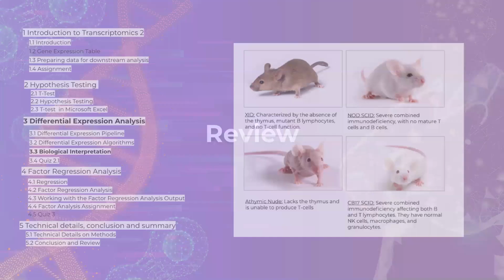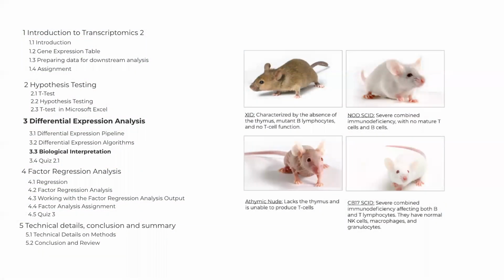So remember that in order to study the biology of cancer and understand it, we focused on our PDX models. We had 4 different cell types: SID-NOD, SID-CB17, athymic nude, and XID. Remember that XID mice don't have a thymus, and what this means is that they don't have functional T cells. These have mutated B cells.